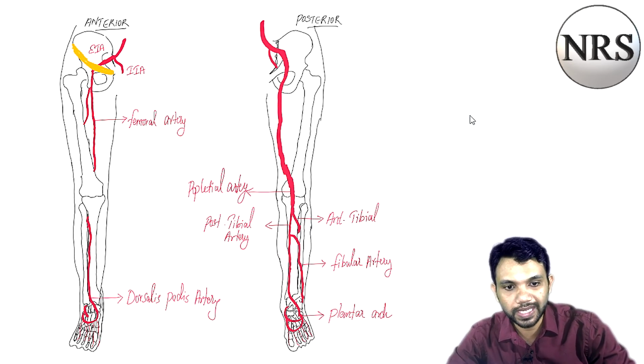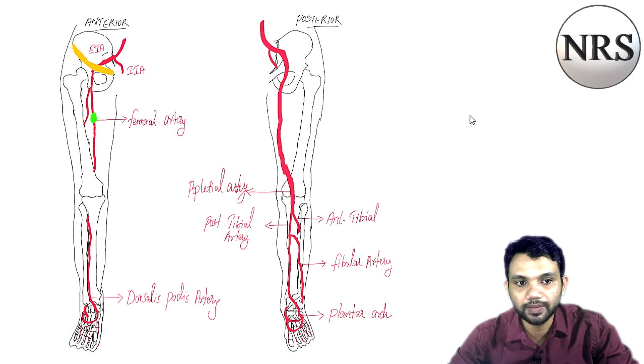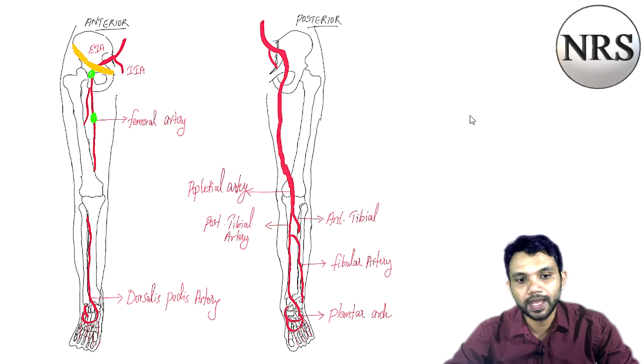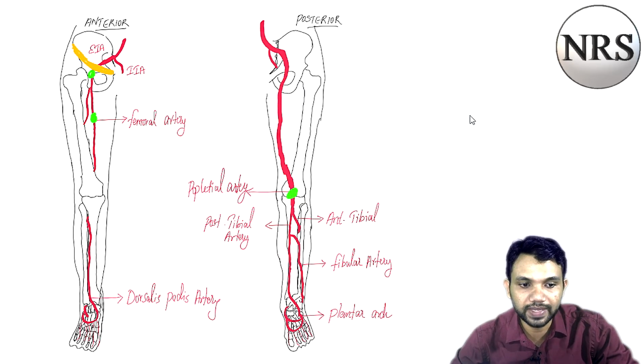So in which areas of the lower limb do we commonly feel the pulse of the major arteries? In the femoral artery, we can feel the femoral artery pulse, and we can feel the popliteal artery pulse, and we can also feel the dorsalis pedis pulse.